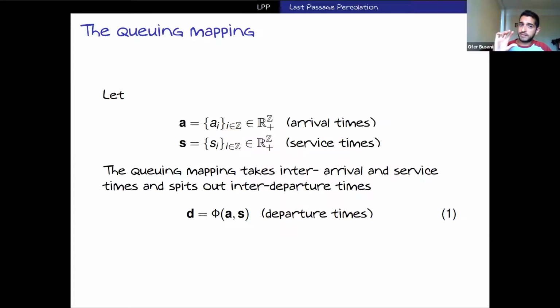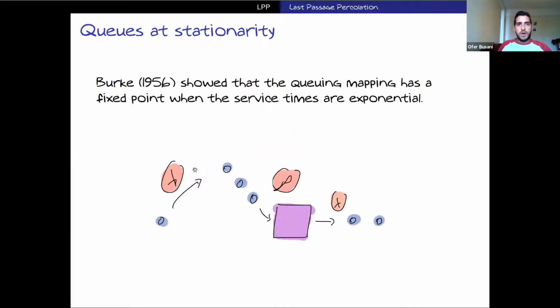But what it does is basically it takes these two inputs, follows the steps that I mentioned before, and spits out the inter-departure times d. So yeah, maybe I didn't mention this: these two are independent. It takes two independent sequences and spits out inter-departure times, another sequence.